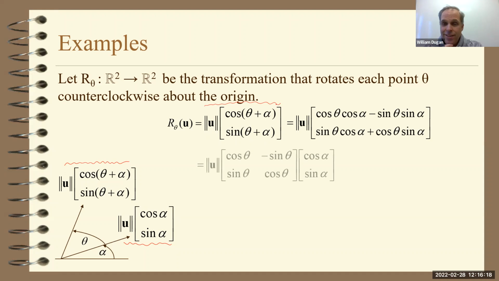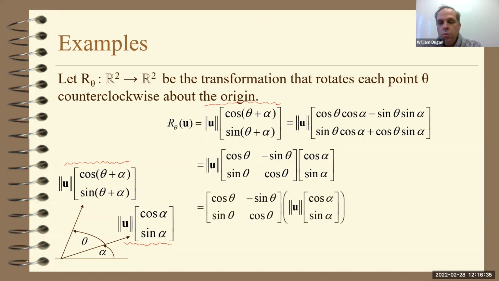And in fact, it's this. If you take the product of this 2 by 2 matrix with the vector (cosine of alpha, sine of alpha), you get the above vector. But then you also remember that the length of u is just a scalar. You can put that scalar anywhere you like. So I'll move it and multiply it to the vector (cosine of alpha, sine of alpha).